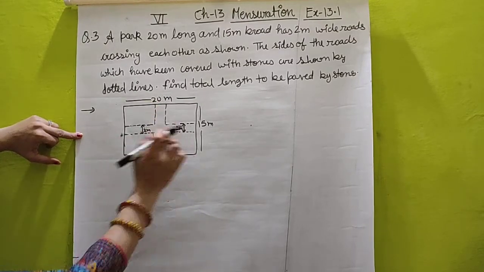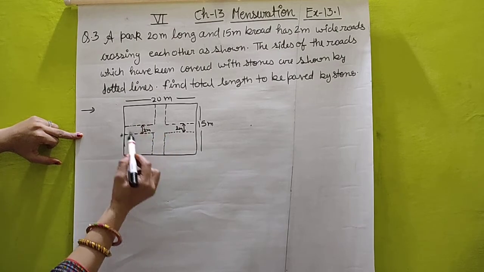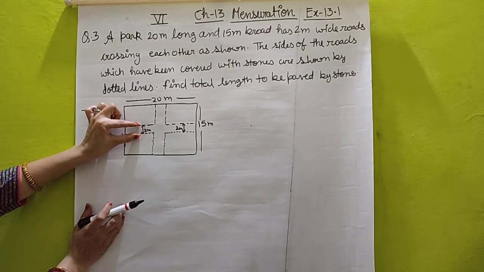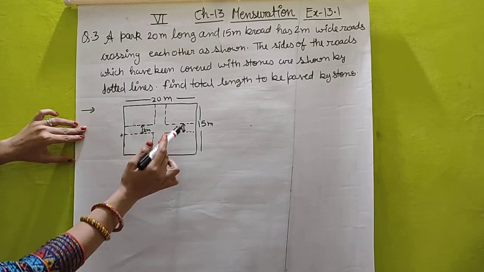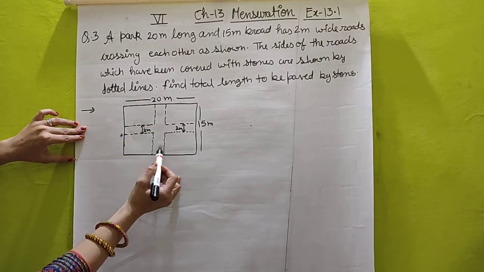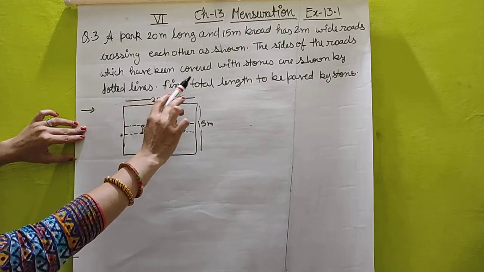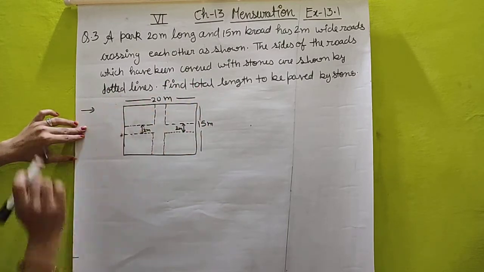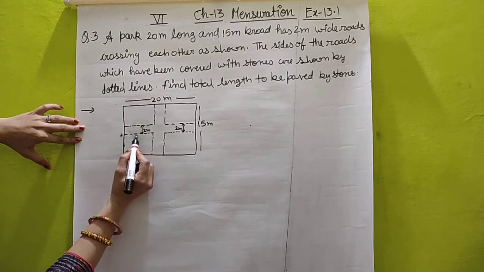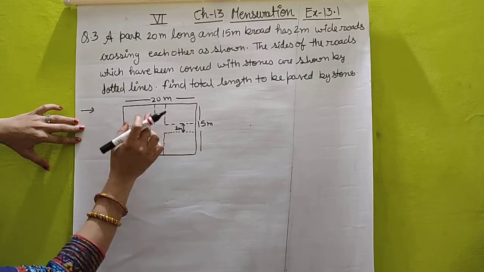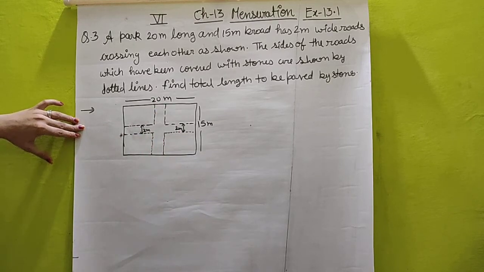They both cross each other, and both are 2 meter wide. The sides of the roads which have been covered with stone are shown by the dotted line. This is the dotted line you can see, and these dotted lines have been covered with the help of stones.